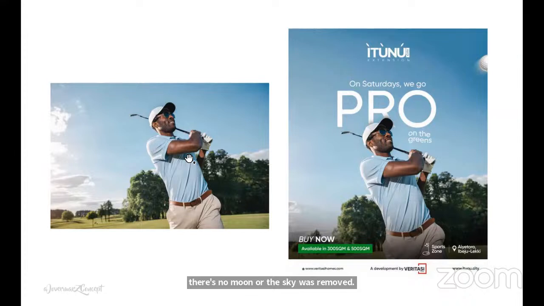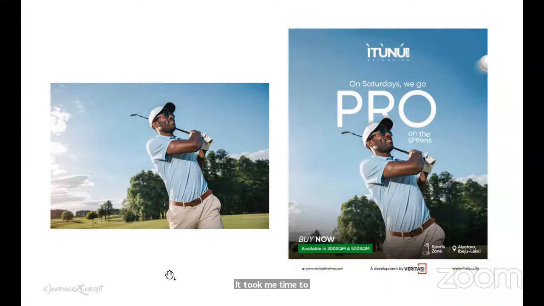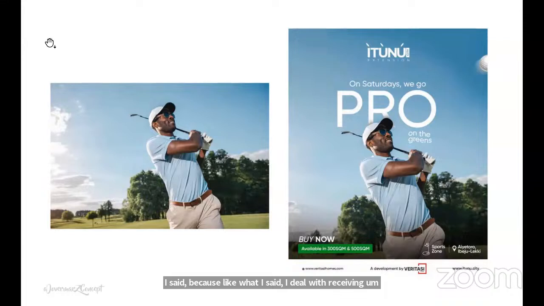When I check the two images, the first one is just an image, and the second one is a finished product of a graphic work, and it took me time to dissect, because like what I said, I deal with receiving e-flyers and whatever, and it took me a little while to understand what the flyer is talking about.